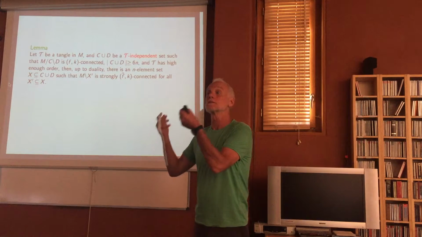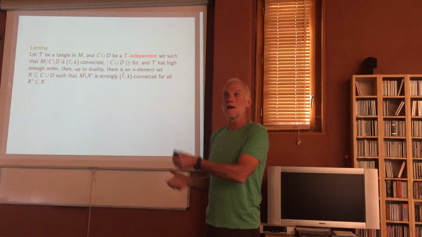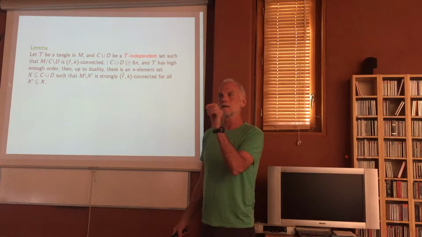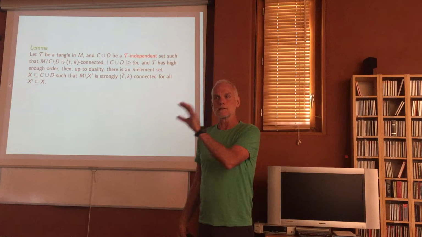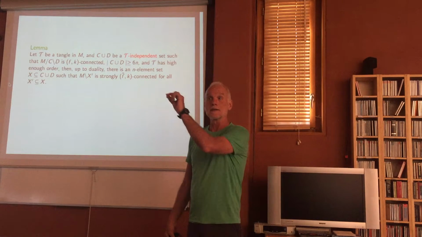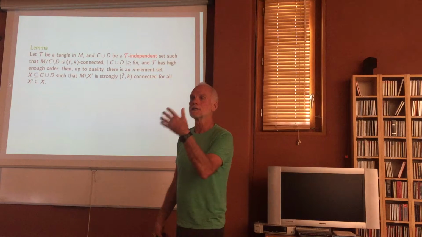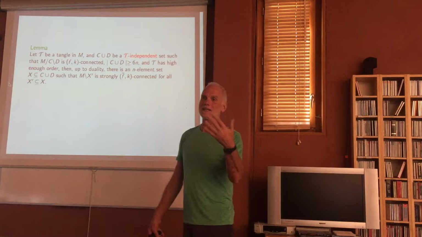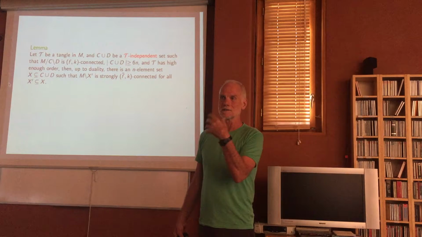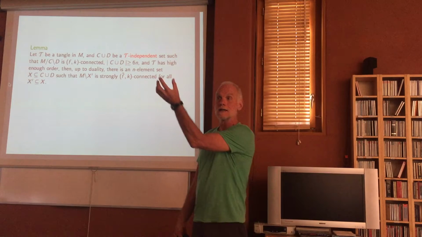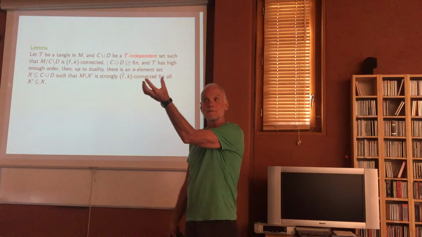So you have theorems about, if you've got a tangle of order n and you take certain sorts of minors, then you get associated tangles in the minors, which I call induced. I use the word induced with about 20 different meanings, because if you operate on the matroid in various ways, the tangle will lose some of its order.